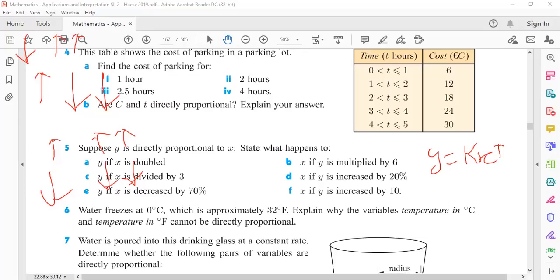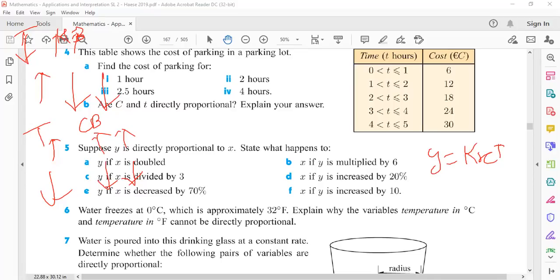So temperature and hot beverages are inversely proportional, and temperature and cold beverages are directly proportional. Got it? Yeah. So in the same way, if x is doubled, y is doubled. If x is divided by 3, y is divided by 3. And in B part, if y is multiplied by 6, x is multiplied by 6.